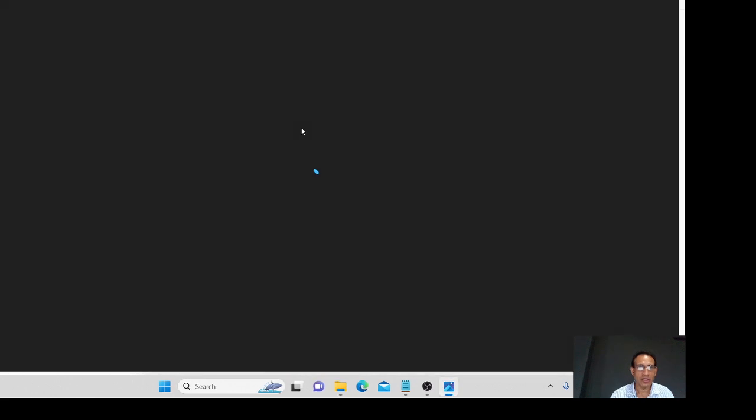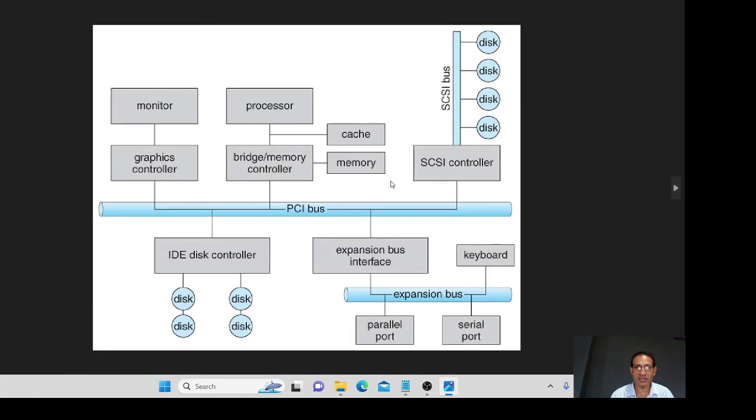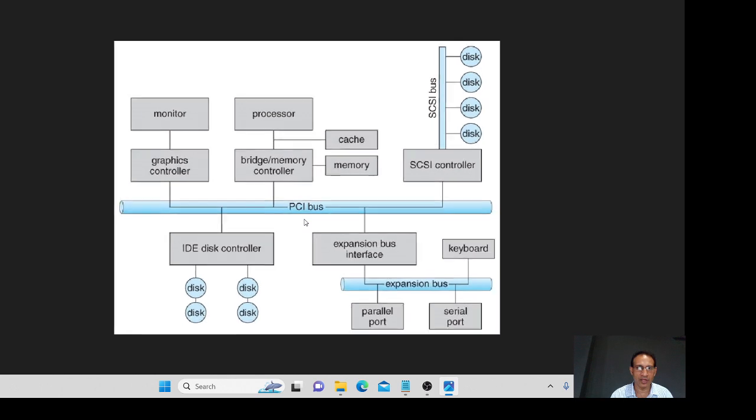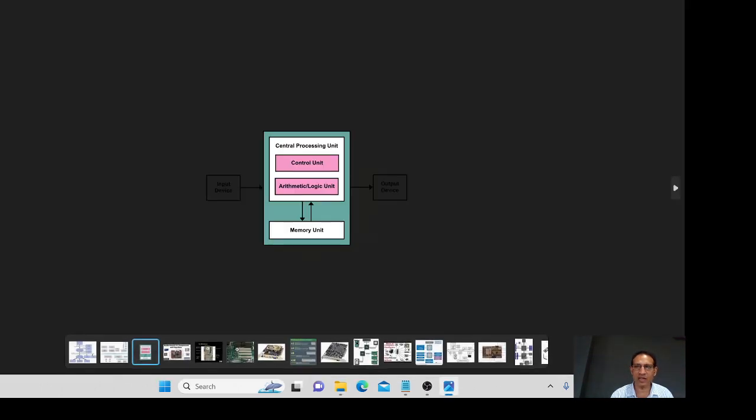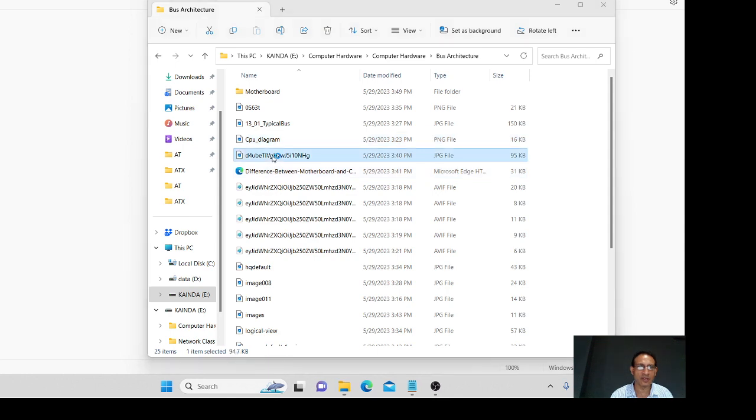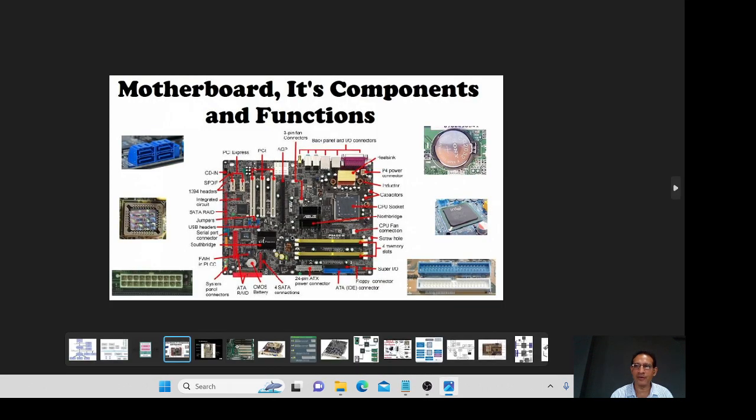When you come to the next point, here is the general format, the architecture of the motherboard. The PCI buses are here, and this is the structure of the motherboard, but I'm not much interested in that one, so I'll take another very important one.